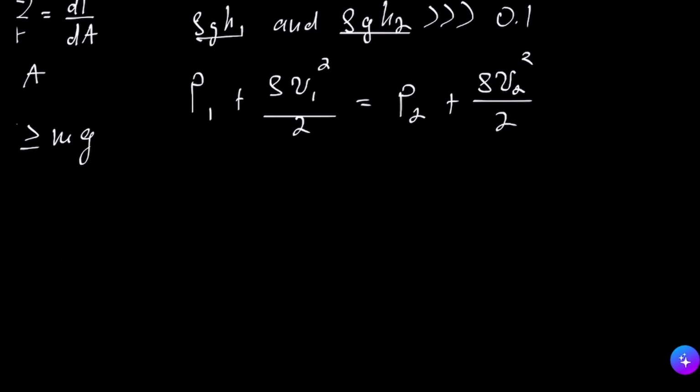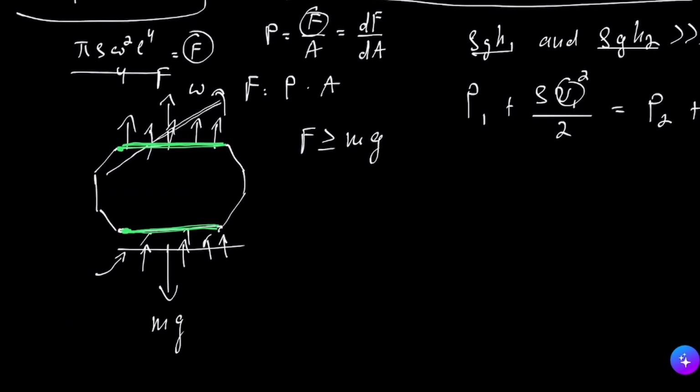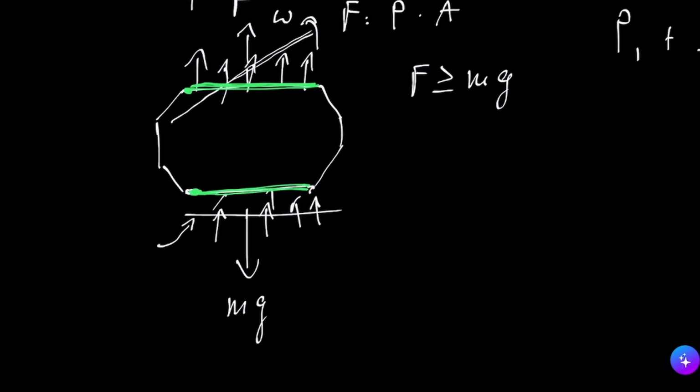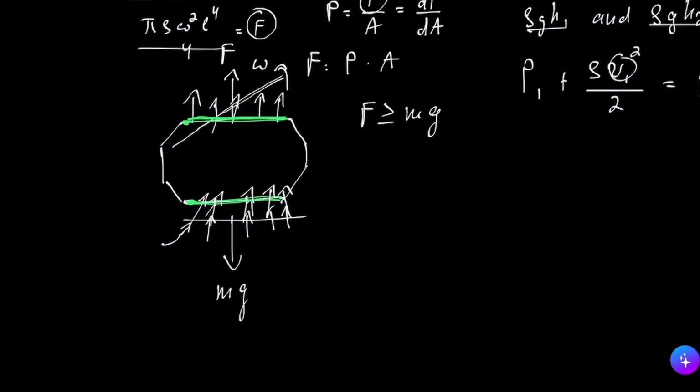All right, the next thing we're going to do is define these two speeds. What exactly are these two speeds? Basically, v1 is the speed of this bottom part here. How fast is the air going through in this bottom part? And v2 is the top part here.